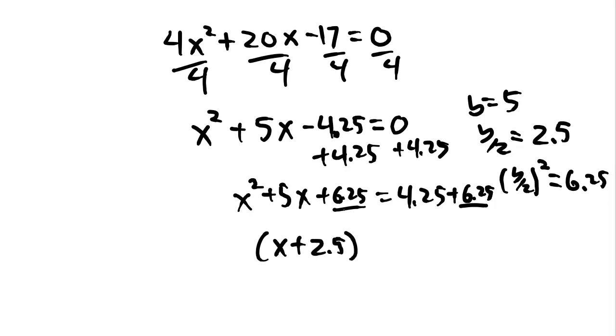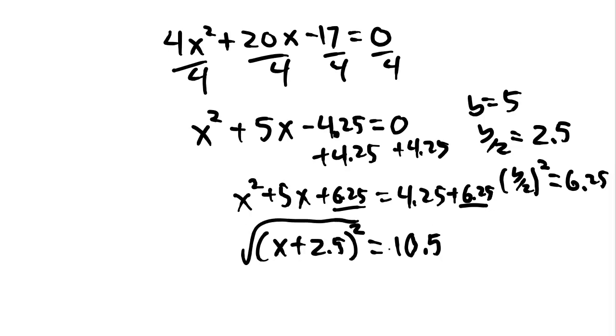It becomes just x plus 2.5 squared equals, okay, now if I do the 4.25, 4 plus 6 is 10, 0.25 plus 0.25 is another 0.5, so I've got 10.5 over here, right? Should be easy, doesn't even need the calculator. This one's maybe a little easier than the one I did together, okay?